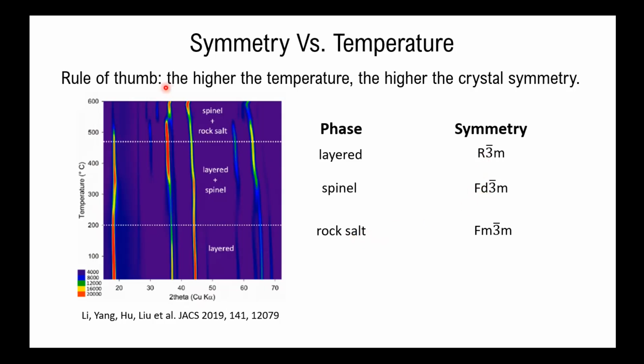When we reach a very high temperature, we can reach the rock salt phase, which is based on Fm-3m, which is even higher symmetry than the spinel. So this is a general rule of thumb: higher temperature typically leads to higher symmetry of the crystal. And this is also true for material synthesis. For example, if some material is cubic, even without knowing the details of the synthesis conditions, I would guess it requires high temperature to synthesize this kind of material, right? So yeah, just something that's related.